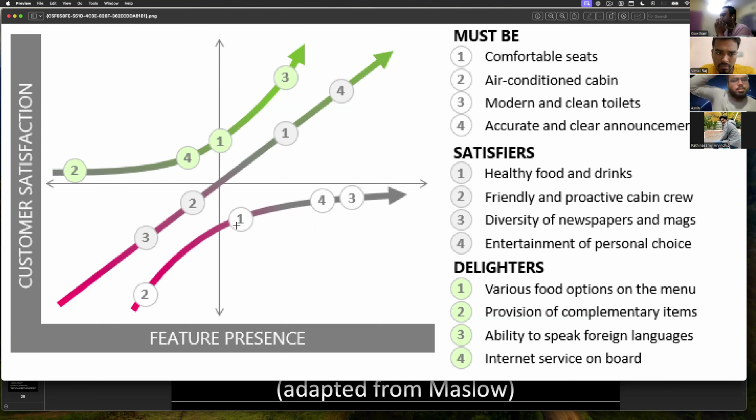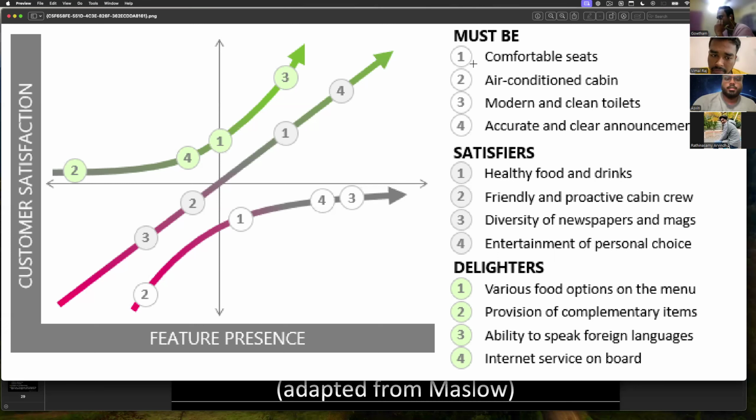It's hard to say, I think this comes with user feedback also. These are all the feature ideas. Must be means, what are the mandatory things for your flying experience?